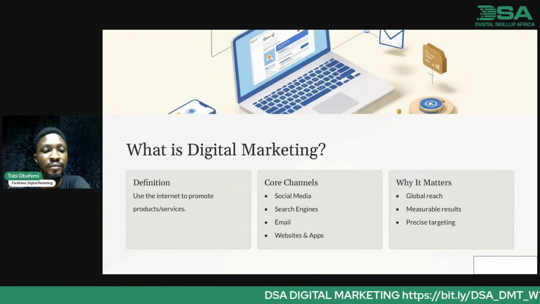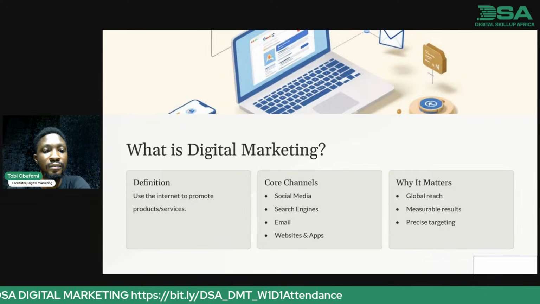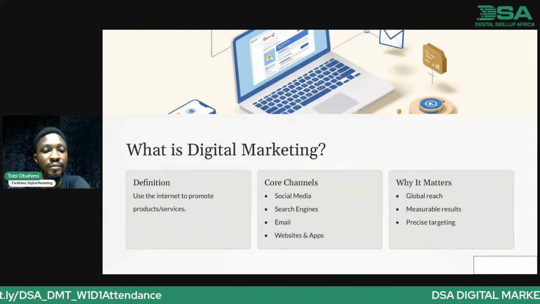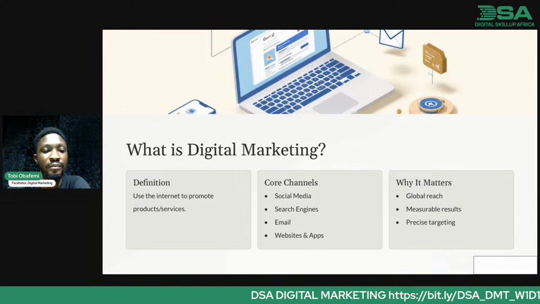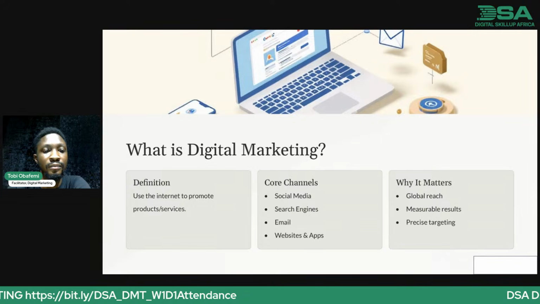What is marketing? Can someone give me a short definition? So someone says to sell things. Okay. All right. So it's an act of making a product known, right? Marketing is creating public awareness about what you do. Marketing is informing others about what you sell.